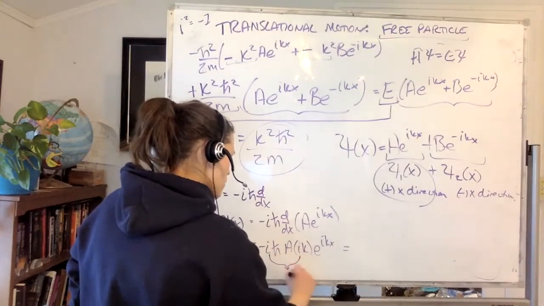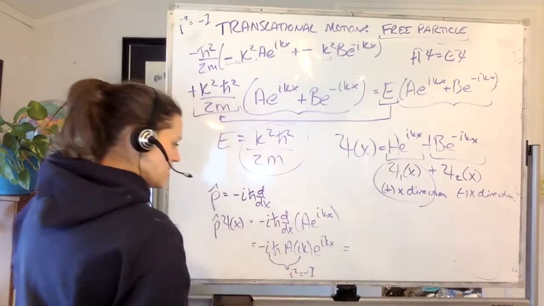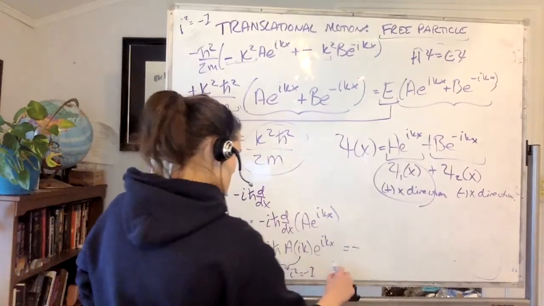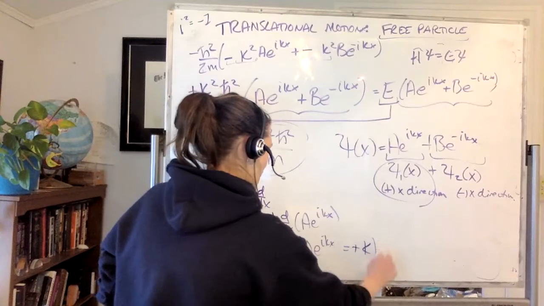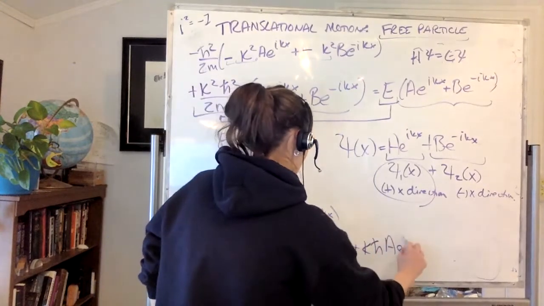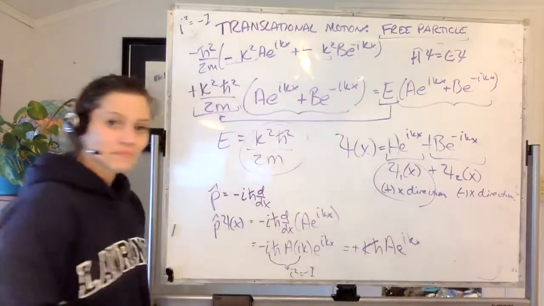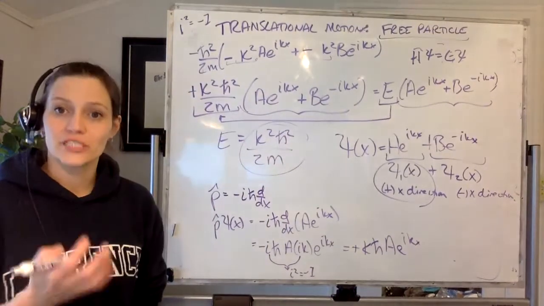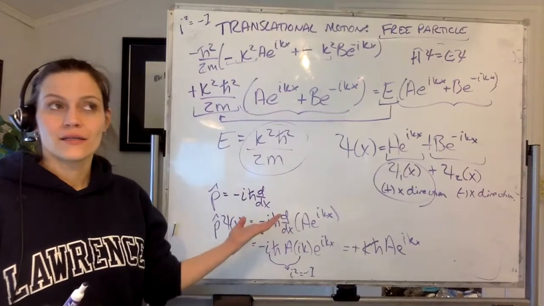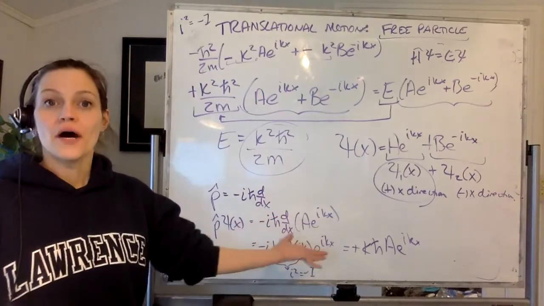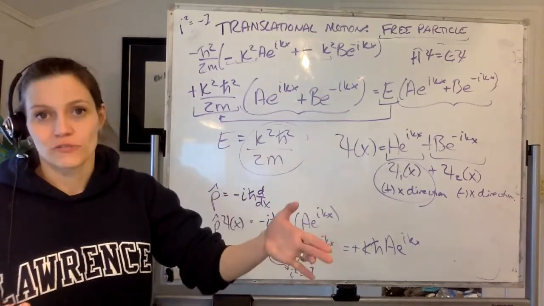So this is i squared, which is equal to minus 1. So then I've got minus times a minus gives me a positive, k h bar a e to the i kx. Cool? So a single measurement, just one, would be using the eigenvalue equation of my operator linked to my observable.